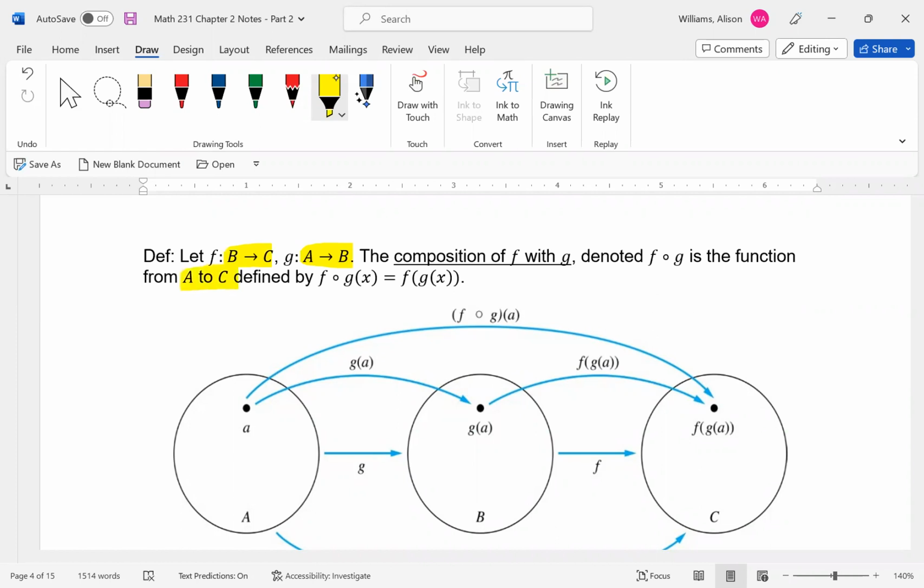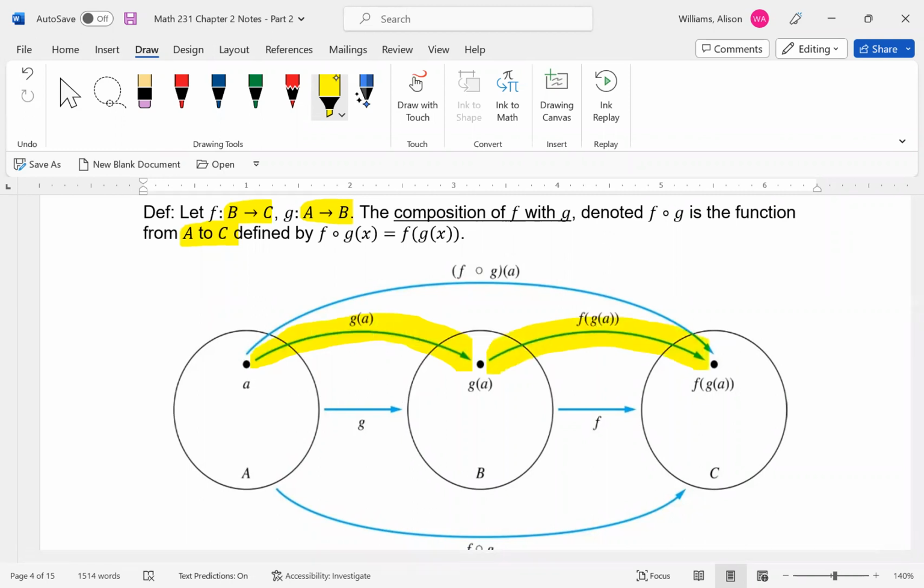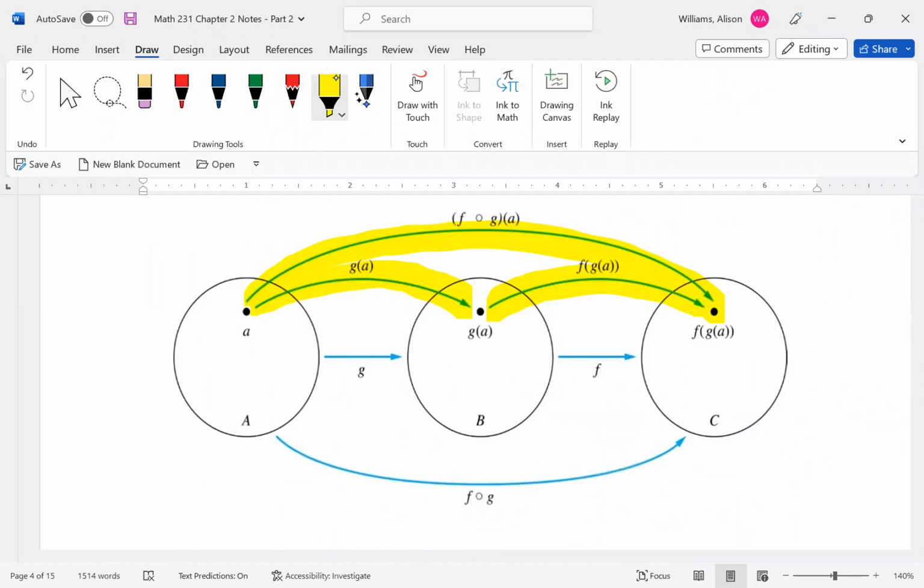The way it's done is, first we start with A, and G takes us into B. Then from B, F takes us into C. So we can go from here all the way to here. That's how composition of functions works in this higher level set thinking.